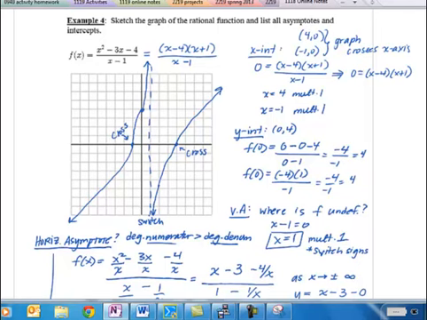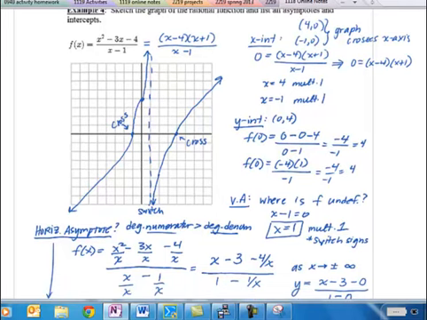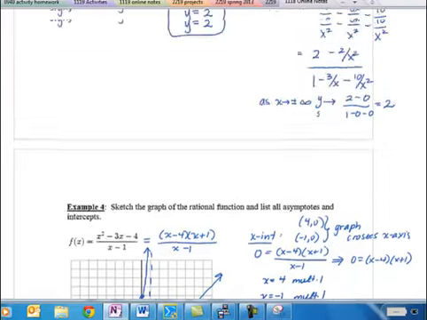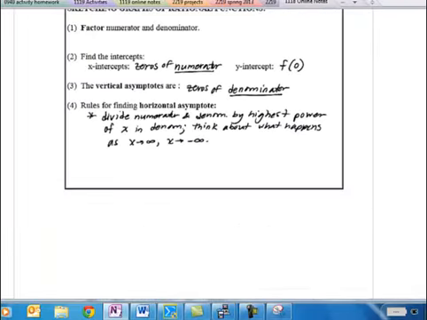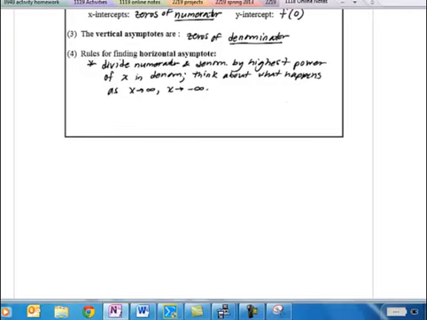So we've got the graph here of this particular rational function, using the multiplicities of the zeros and the multiplicities of the vertical asymptotes, and the fact that there was no horizontal asymptote. So let's go back to the screen where we had the rules for finding the horizontal asymptotes, and let's try to make some generalizations.